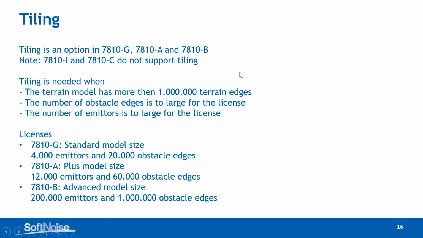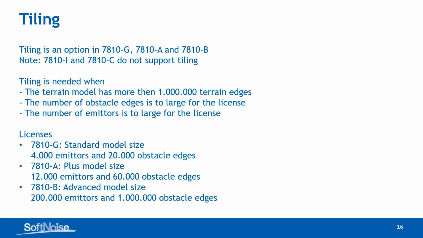Then I've shown you how tiling works. Tiling is an option in the G, the A, and the B configuration, and the 2 smaller configurations, the I and the C, do not support tiling. So when do you need tiling? Well, you need tiling when the terrain model has more than 1 million terrain edges, because one predictor model can only have 1 million terrain edges.